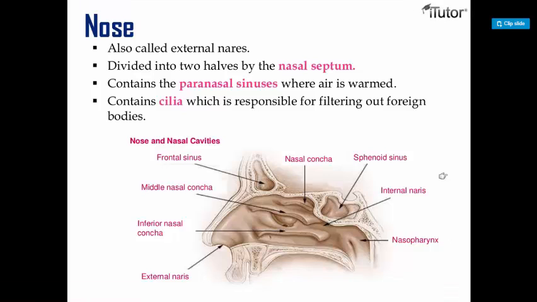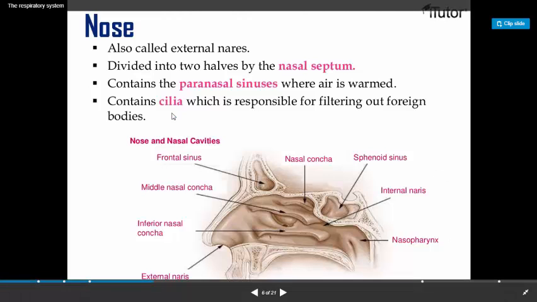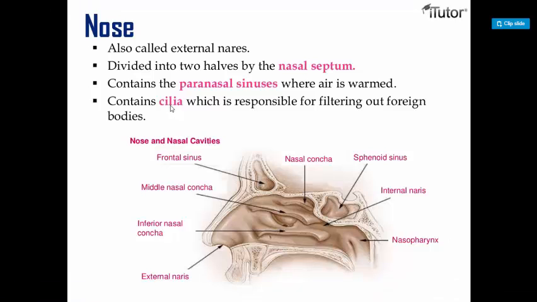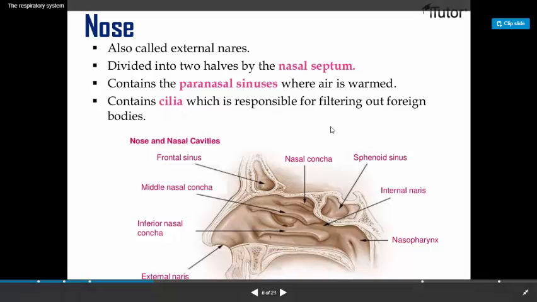So what happens in the nose? First of all, we have the cilia, which are the little hairs present inside your nose, and they stop the dust and they stop many foreign bodies from entering into your nose.